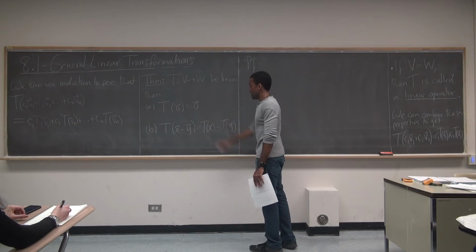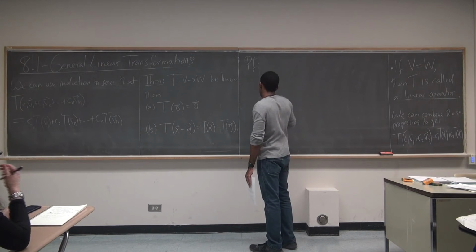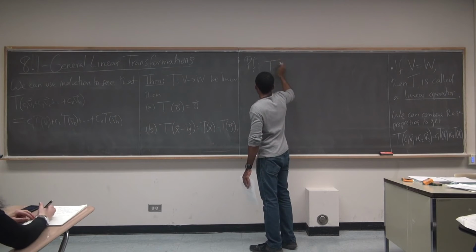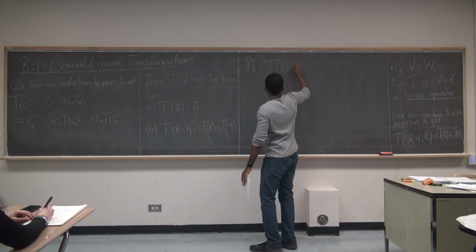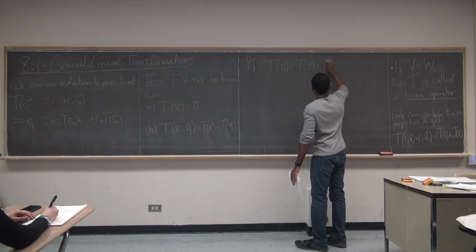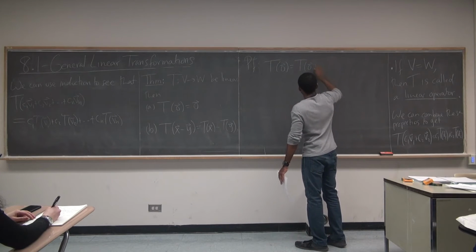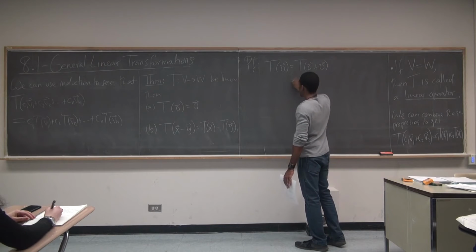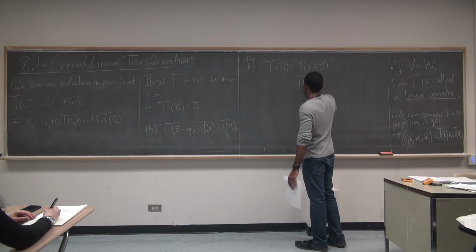Your book uses the homogeneity property to prove this, but I'll use the additive property. Notice that T of the zero vector is the same as T of 0 plus 0. That's true. And so now I can use the additive property to split it.